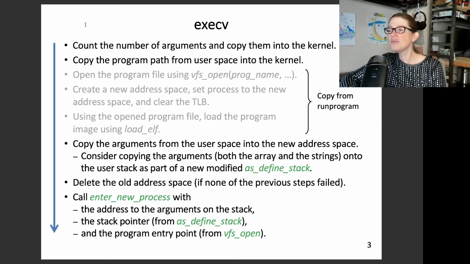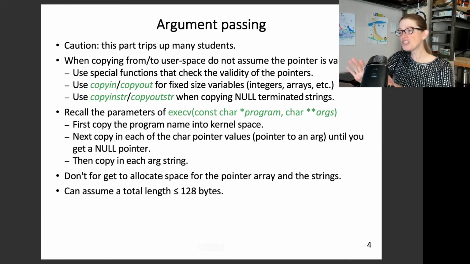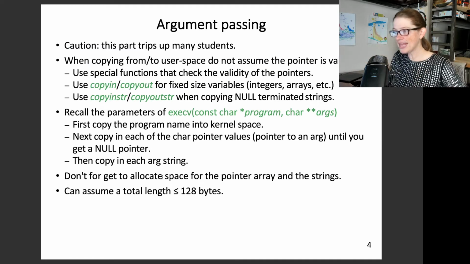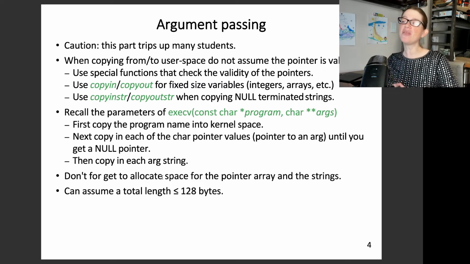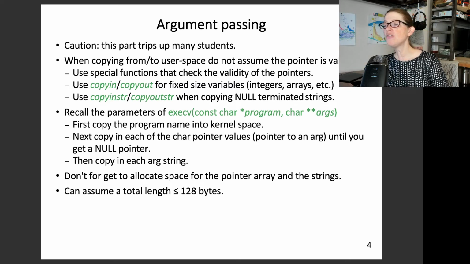Now, I want to talk to you in greater detail about this argument copying. So first off, it is entirely possible to get through this assignment without using copyin. But you shouldn't. When you want to transfer memory between a user address space and the kernel, you could just directly use the addresses, and you could just directly do a memcpy or whatever you want to do.